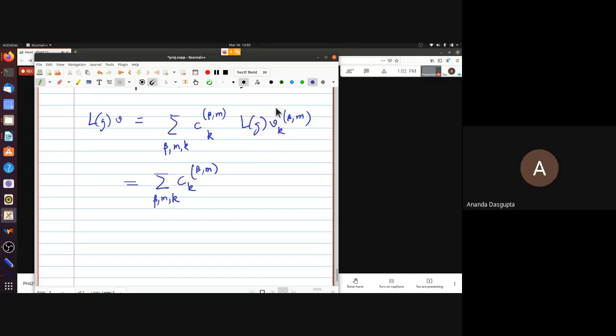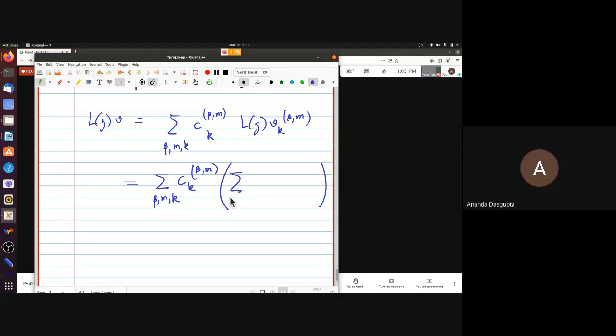So this particular vector, if I forget the sum for the timing, if I focus on a particular element here, there's a particular vector in a given invariant subspace. When LG acts on that, it is going to give you a combination in that particular subspace, right? And we already know what that is going to be.